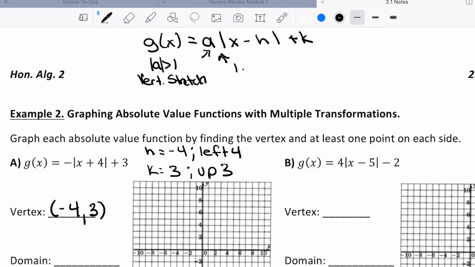If the absolute value of A is between 0 and 1, then we have a vertical shrink or compression, meaning it's going to make it short and fat.